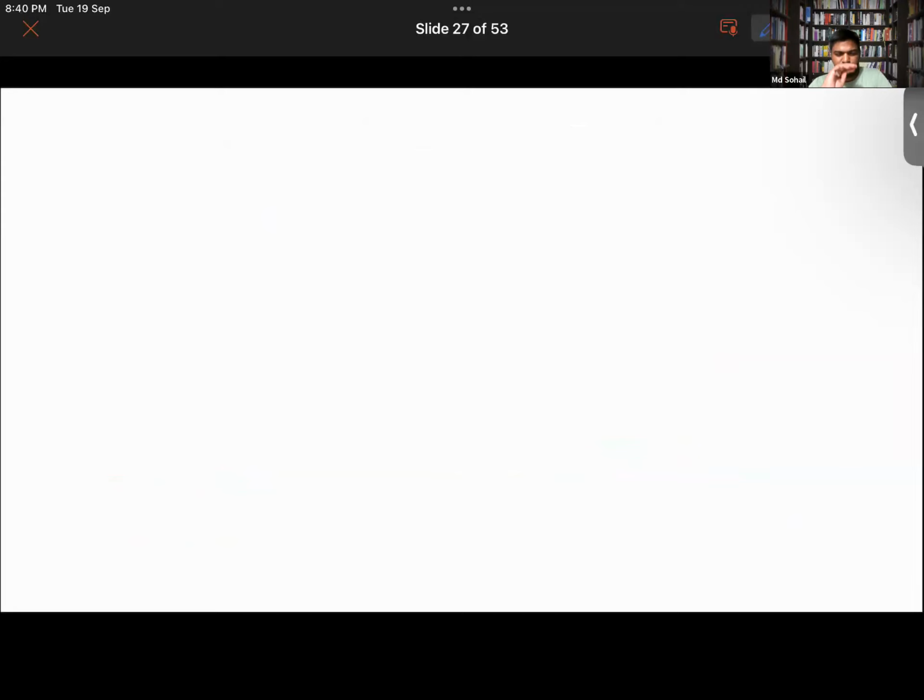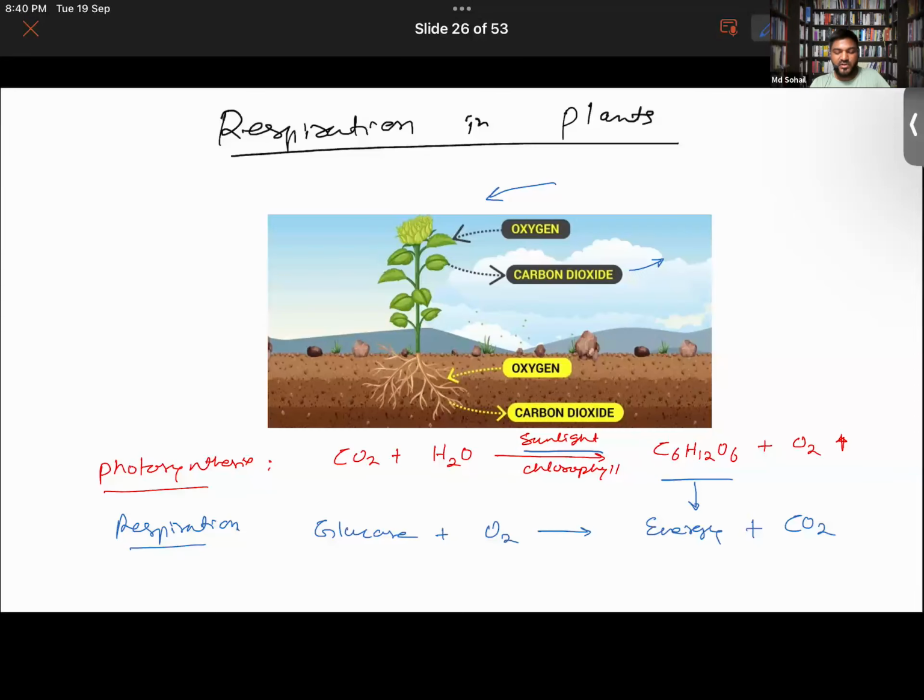So the plants can release oxygen anytime, right? Why would they be releasing oxygen anytime? They will be releasing oxygen only during the process of photosynthesis, because photosynthesis is occurring only during the daytime. But they stored some oxygen from photosynthesis, right? Look, there's a variety of species of plants.